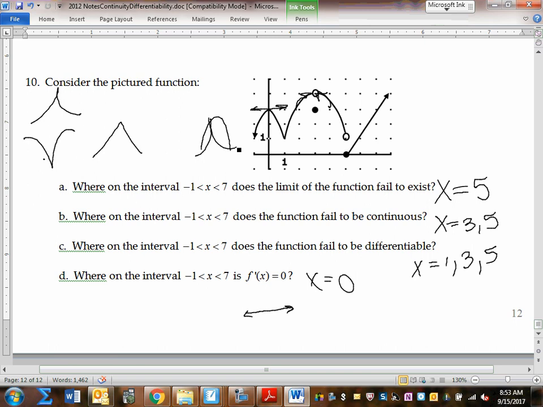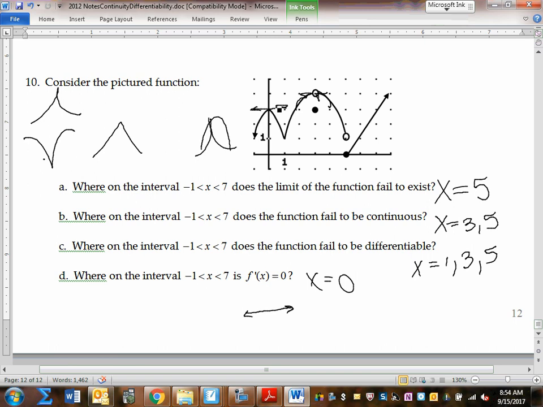So my corner, the slope is the same. It's not changing, it's not getting closer to each other, or a value in between. The cusp, I have basically my slopes approaching that vertical line, which causes that issue. Here, even though my slope is negative, it is getting closer and closer to 0. And here, even though my slope is positive, it's getting closer and closer to 0. Do you guys see that difference between those 3 cases?